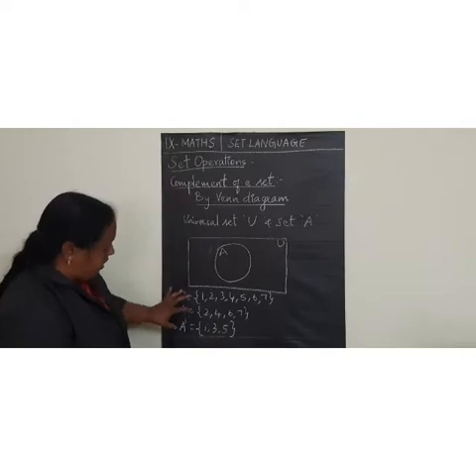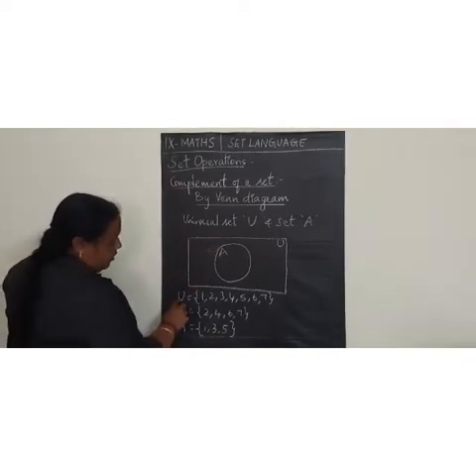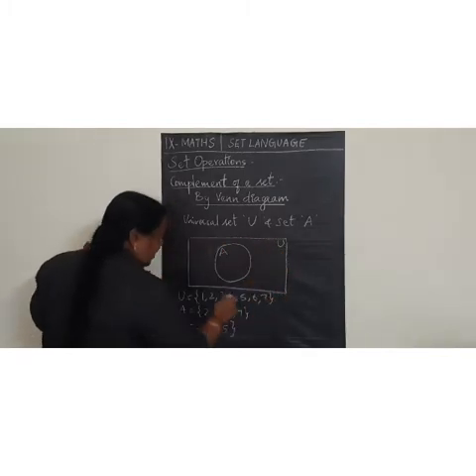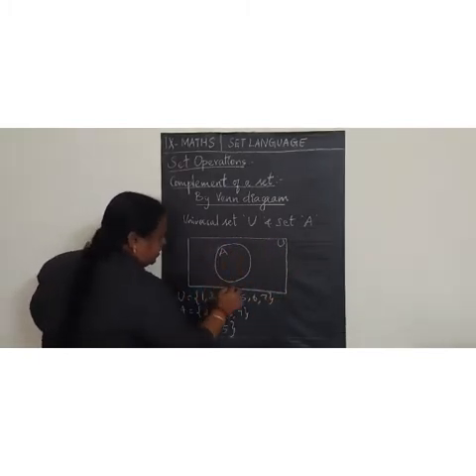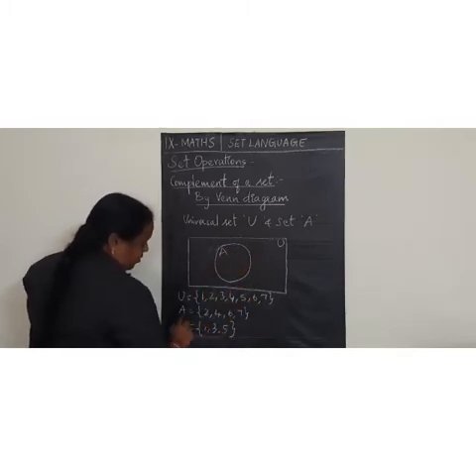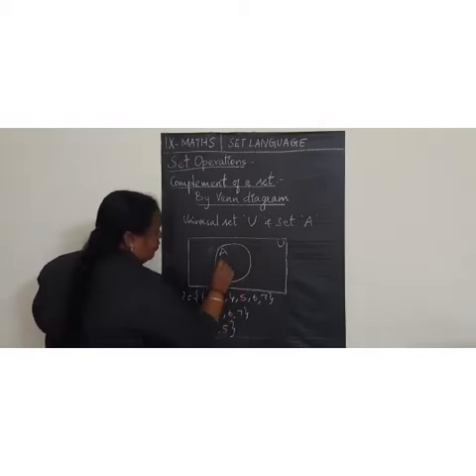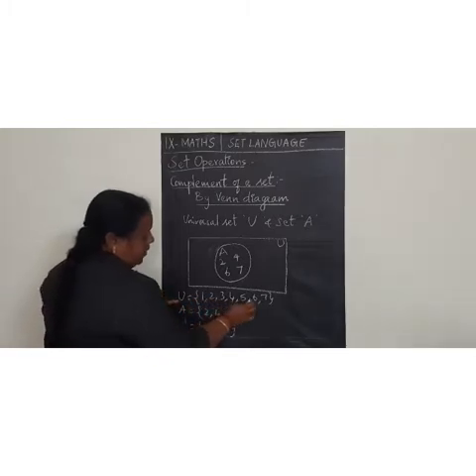To write these elements in the Venn diagram, the box fully contains the universal set, and this circle contains the set A. First we write the elements of set A: 2, 4, 6, 7. Next we write the universal set, 1, 2, 3, 4, 5, 6, 7.